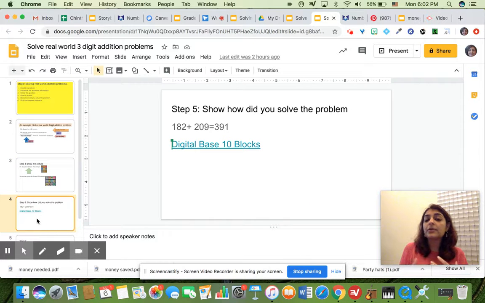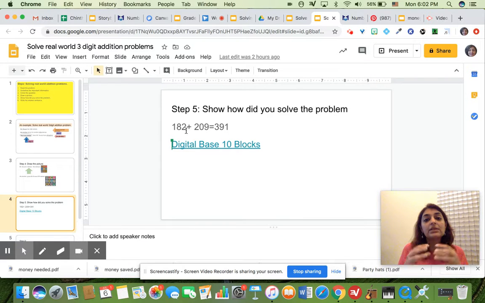So the next step involves how you solve the problem. As you can see, if you look at the two addends, we need to add these two addends because we need to find out how many stamps does Mr. Souza have altogether.